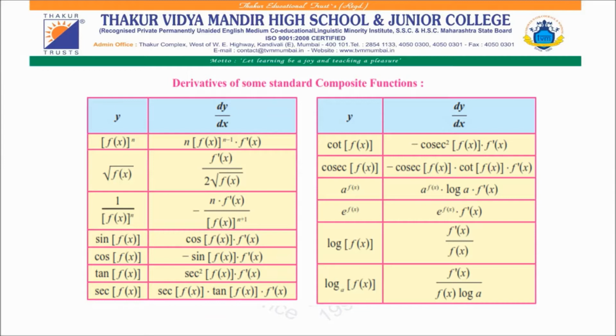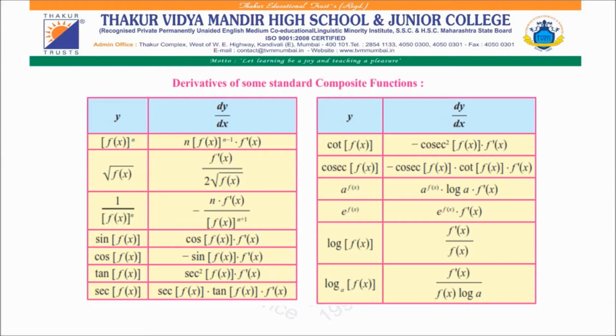Then the trigonometric function sine of f of x, its derivative is cos of f of x into f dash of x. Okay, then cos of f of x, its derivative is minus sine f of x into f dash x. Clear? Then tan of f of x, its derivative is sec square of f of x into f dash x.